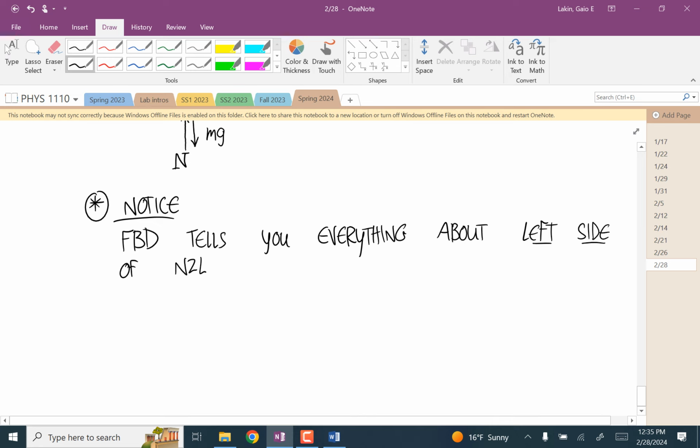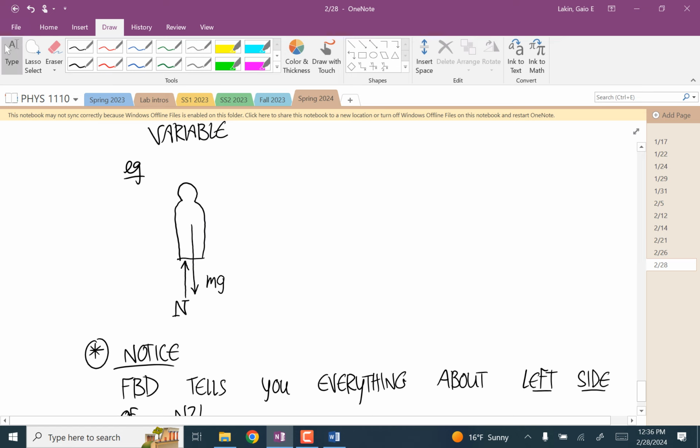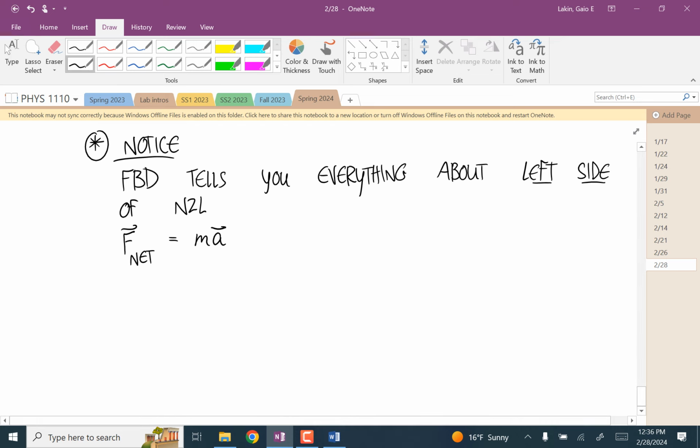So Newton's second law says add up all the forces acting on the chosen body. That's equal to the body's mass times acceleration. Well, the net force is just the sum of all the forces. So you go to your free body diagram. You represent each one of these as a force vector. And once you've done that, you know you're done with the left side, and all you have to worry about is the mass and the acceleration on the right side.